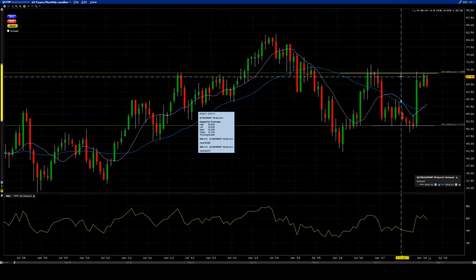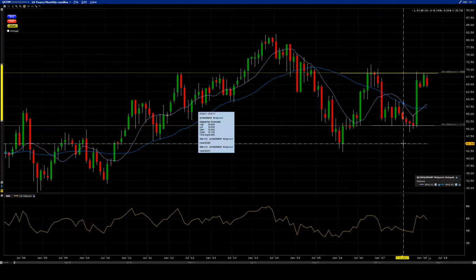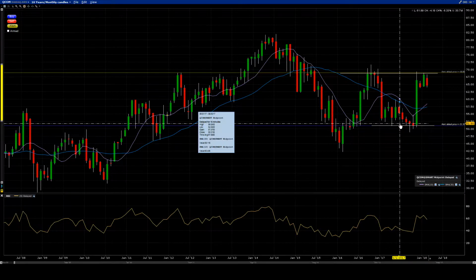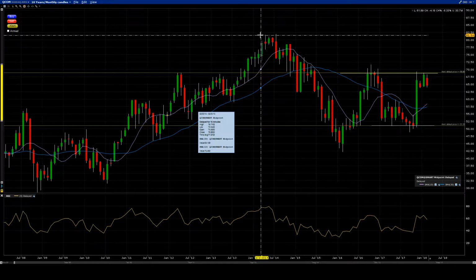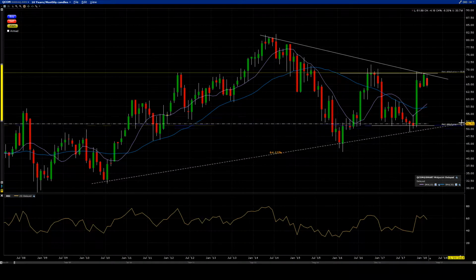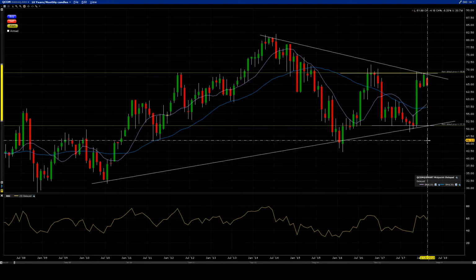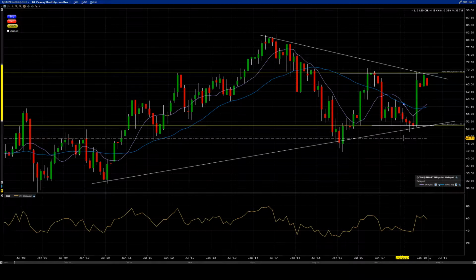Oh, there you go. Have my letters back in. And what we could also do is see if there's a bigger prevailing pattern. Yeah, that could be a triangle.